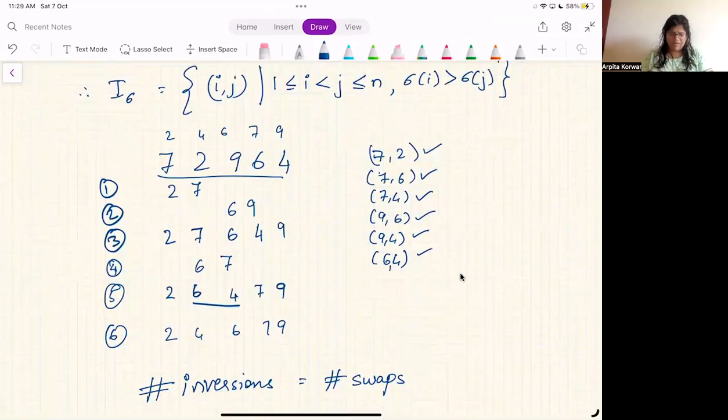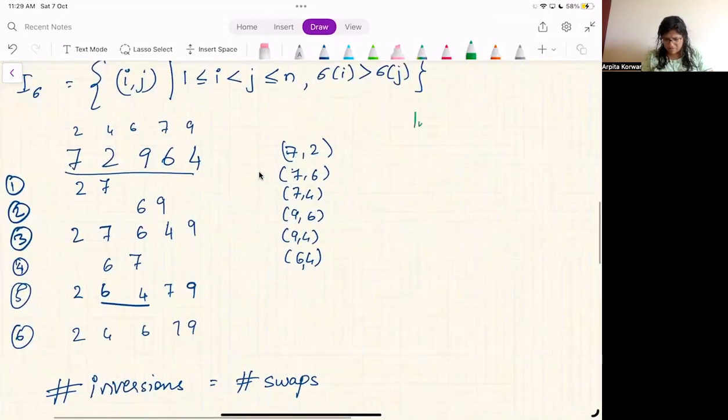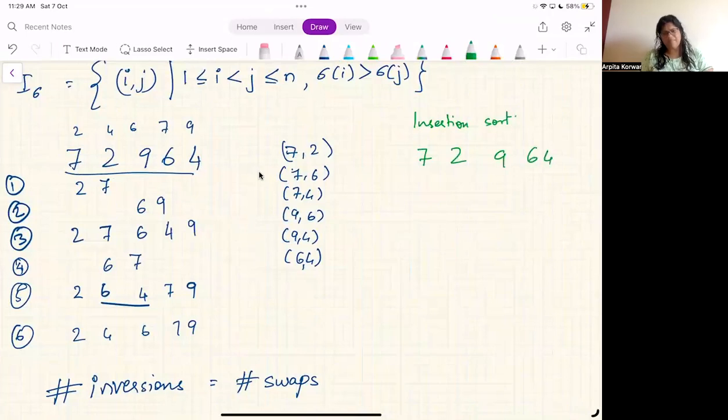First, let us do it with the same example, 72964. Let me erase the tick marks and do it in some other color for insertion sort. So 7 and 2, this is the initial subarray, it's sorted.